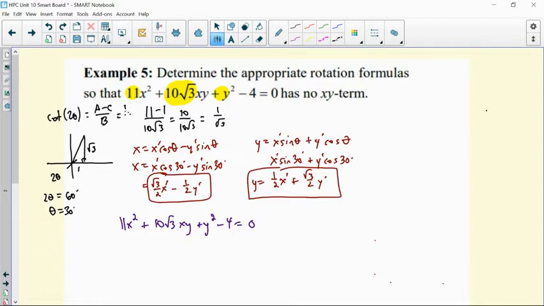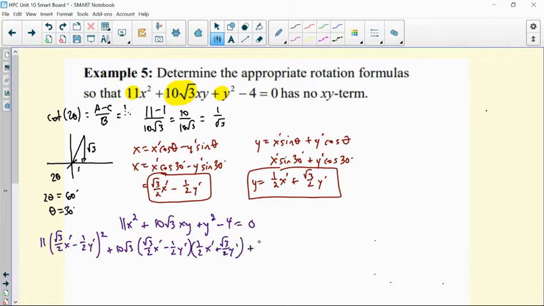So we have 11x squared, so 11, but every x is going to be replaced with root 3 over 2 x prime minus 1/2 y prime. So we'll square that. There's your 11x squared plus 10 root 3 times the x value, so root 3 over 2 x prime minus 1/2 y prime, times the y value, 1/2 x prime plus root 3 over 2 y prime, plus y squared.